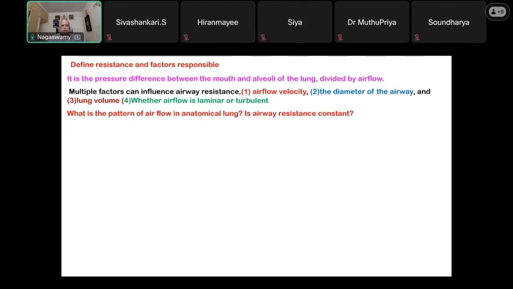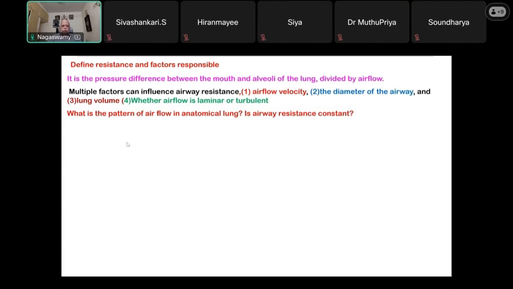So these four factors affect the passage of gases through the respiratory tract, and the hindrance caused is called the resistance, which is calculated by the pressure difference between the mouth and alveoli divided by the volume of flow of the gas.